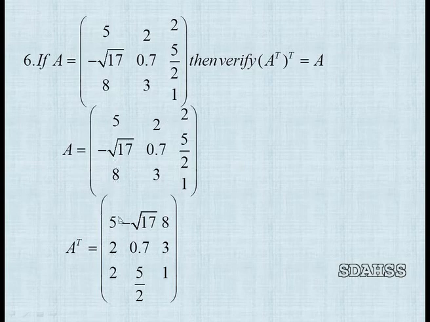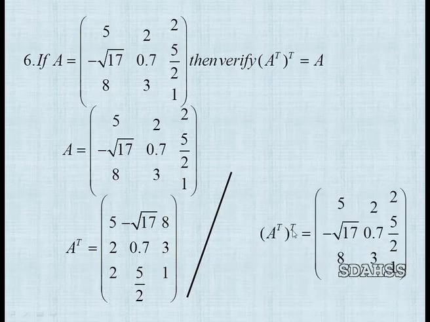Then you have 5 2 2. Similarly, interchange the second row into second column. So minus root 17, 0.7, 5 by 2. Similarly, interchange the third row into third column. Then you have 8 3 1. Again you have to take the transpose of A transpose.